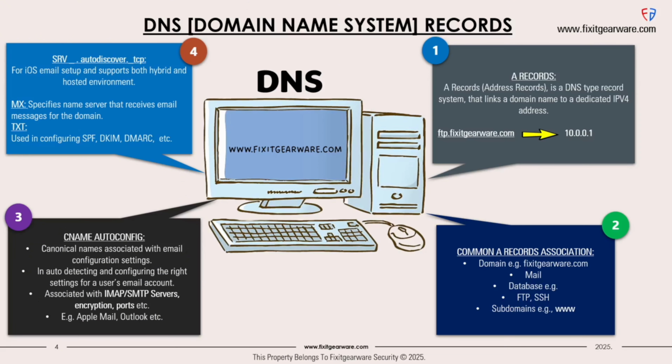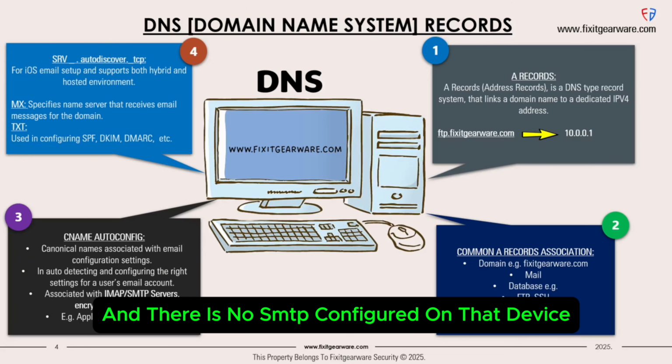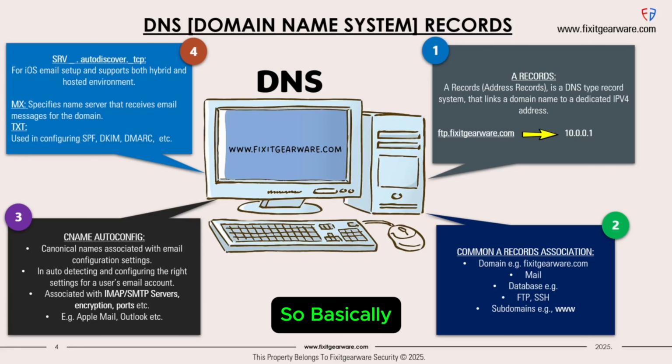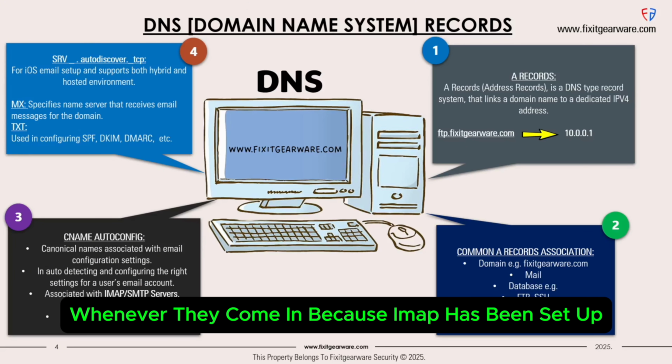So when you write an email and there is no SMTP configured on that device, you cannot send email out. You're just going to be able to read emails whenever they come in because IMAP has been set up.